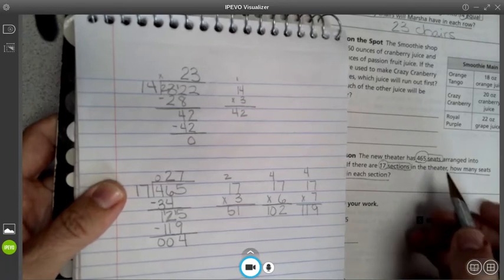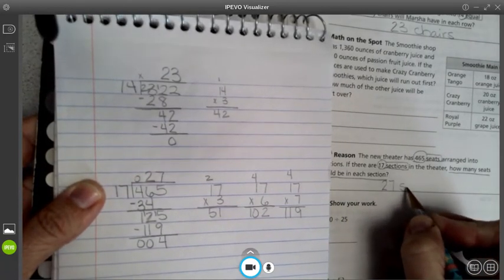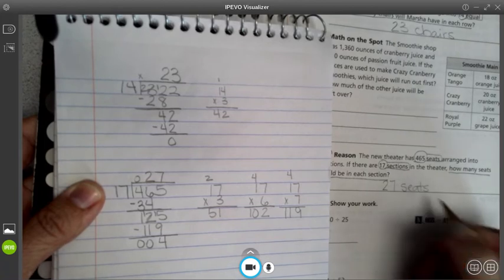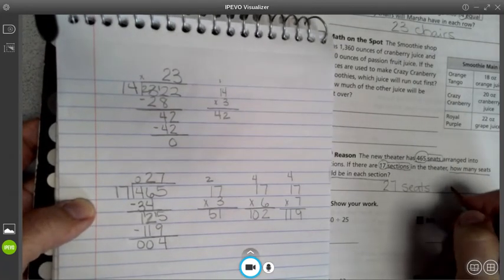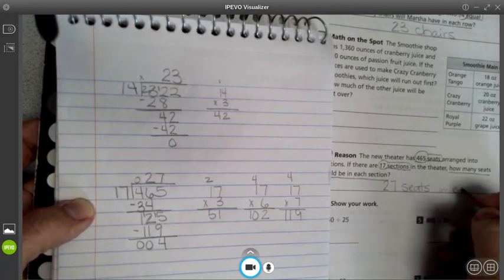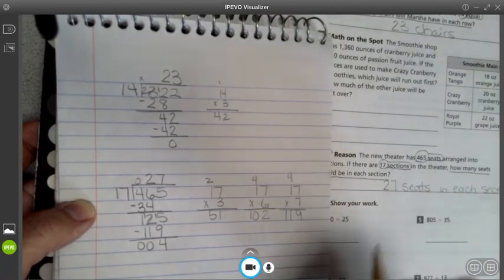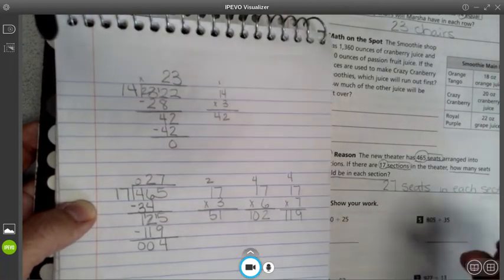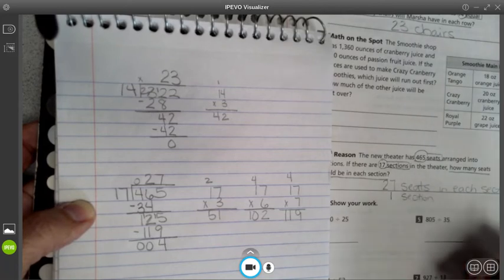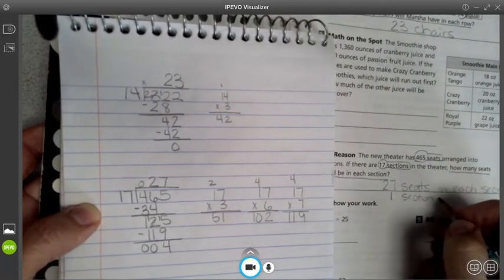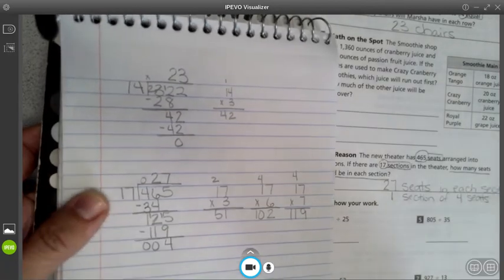So if I have 27 seats, how many sections would that be? 27 seats in each section. And would we have one section of just 4 seats?